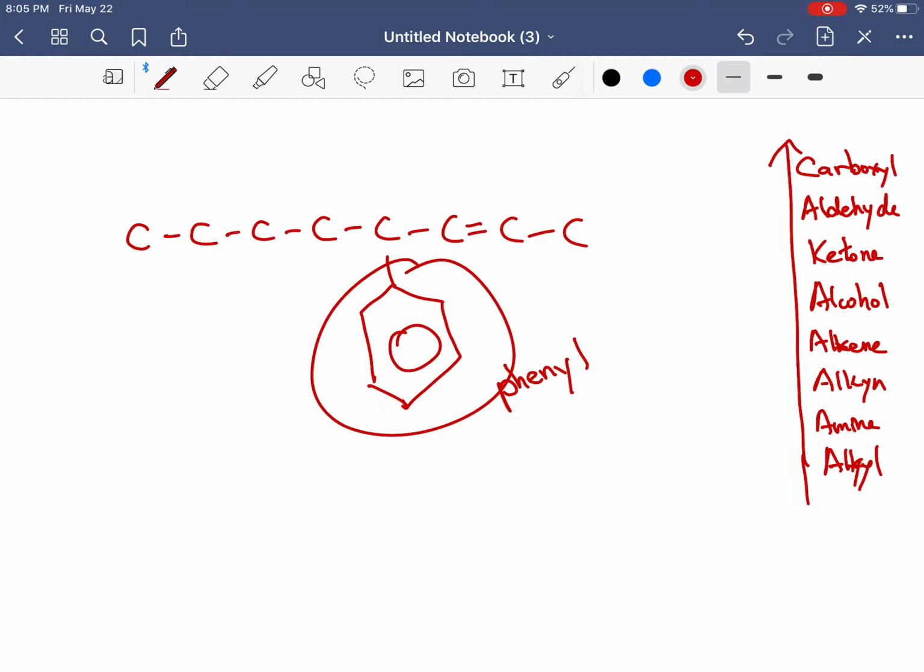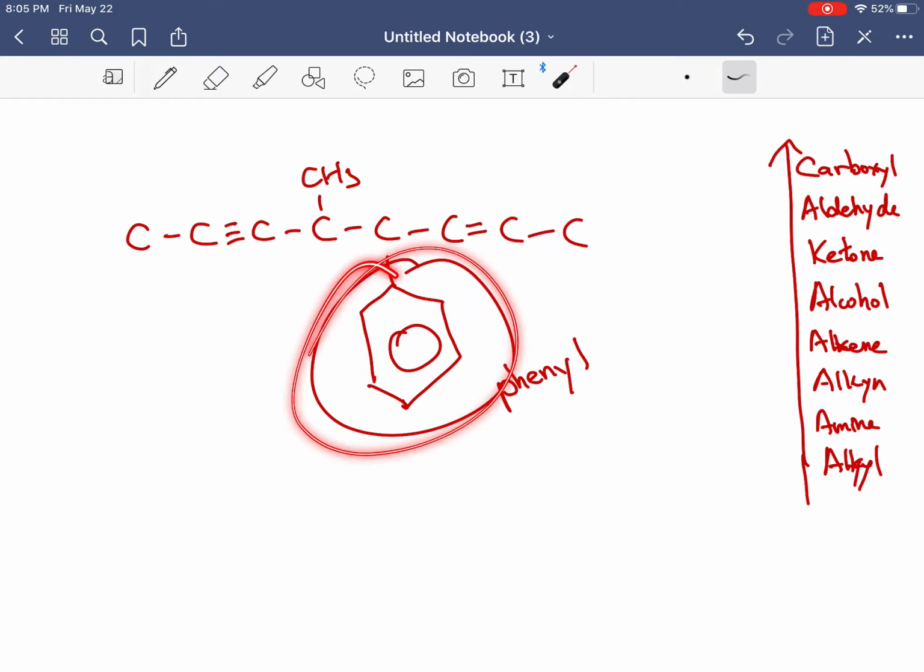Now, do not mistake phenyl and phenol. That's a big mistake. Not even the same functional group that we're talking about here, but phenyl is the name given, of course, when benzene is acting as a side group. So let's make this complicated. So let's put some ethyl group here, and let's take a look at how we're gonna name this.